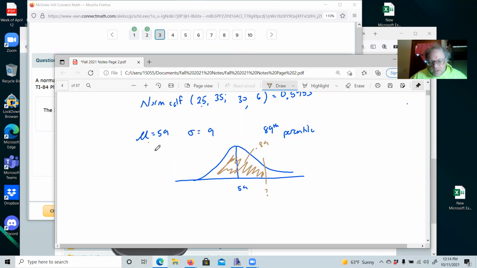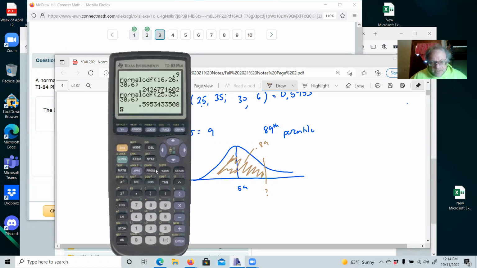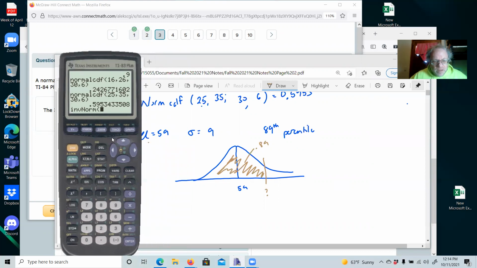Okay, so what we're going to do in the calculator is we're going to say we need the inverse norm. What value did I want? Well, I wanted the 89th percentile, so it's going to be 0.89. Comma. What's our mean? Our mean is 59. And our standard deviation is 9. Okay. So there we go.